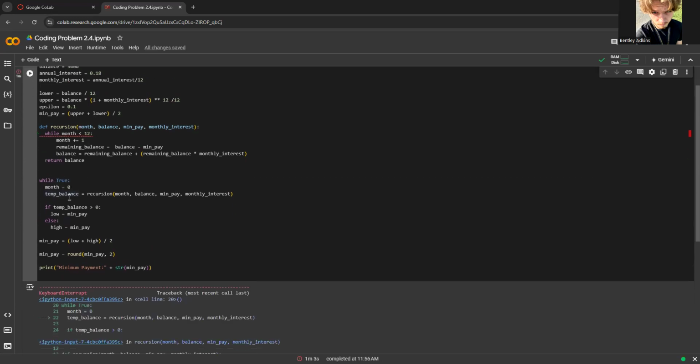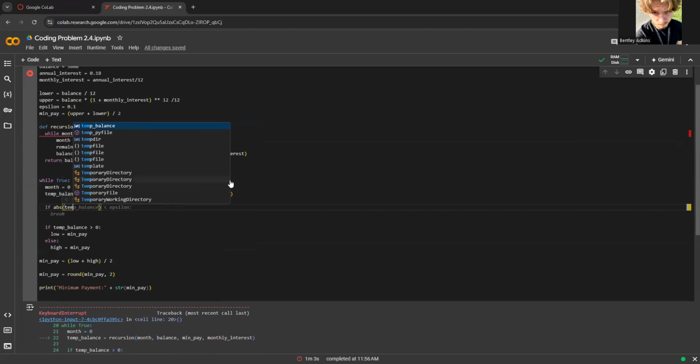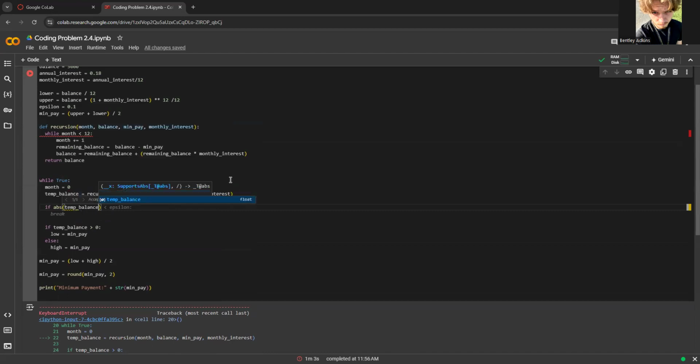I think I forgot that I need to... Hmm. Maybe we can take the absolute value. If the absolute value is less than or equal to epsilon, which is that placeholder. Right.